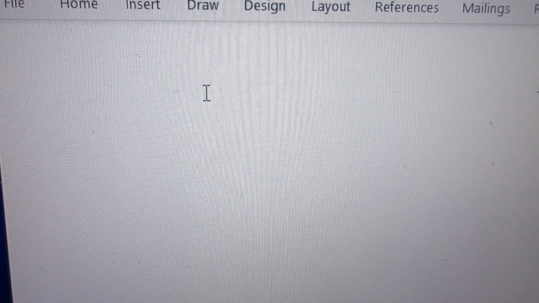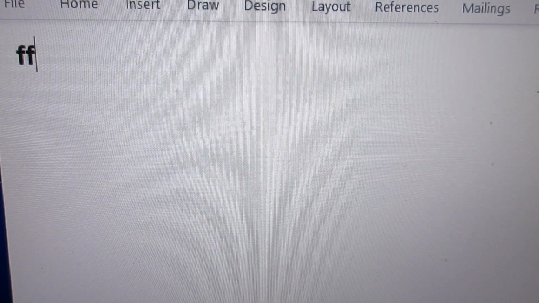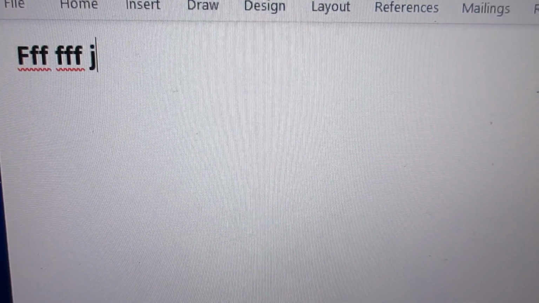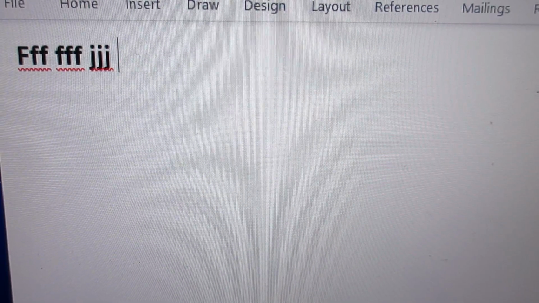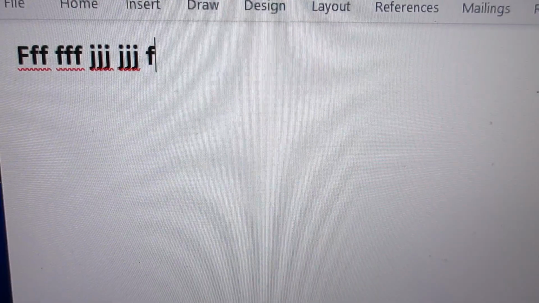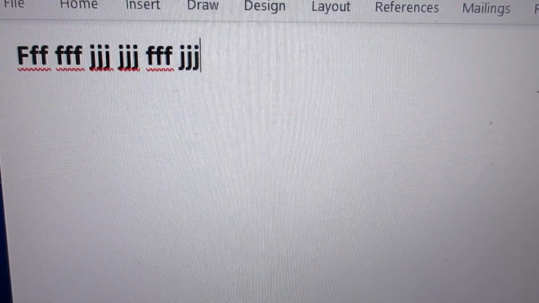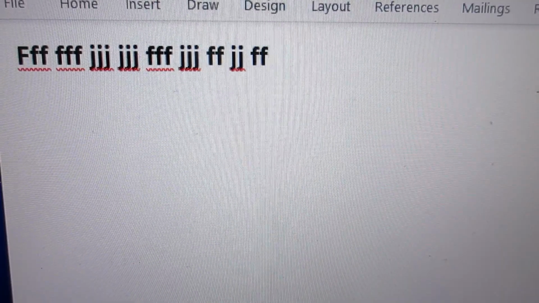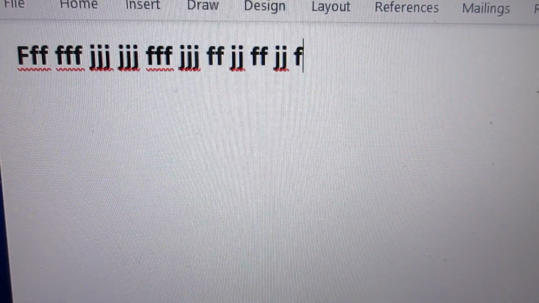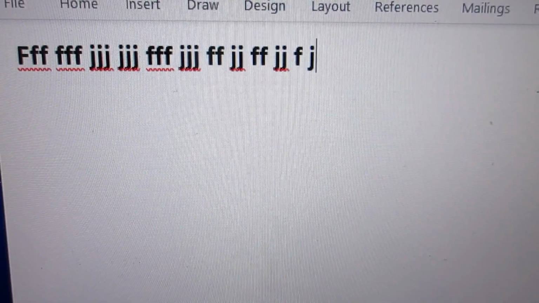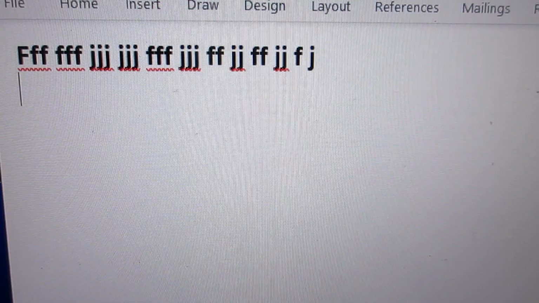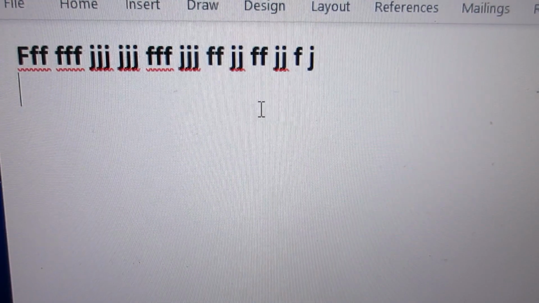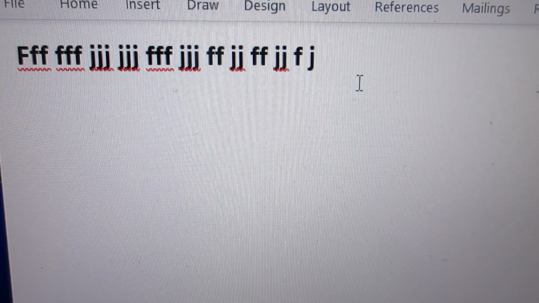F and J. We go F space bar, F space bar, J space bar, J, F space, J space, F space, J, F space J. Enter key. Okay, do this like two times or three times.